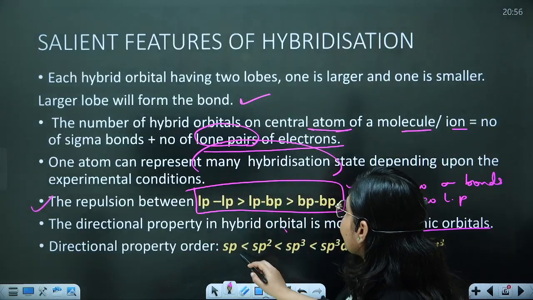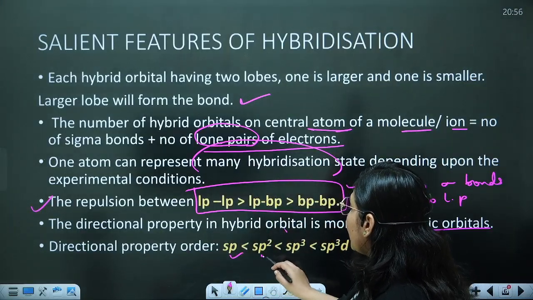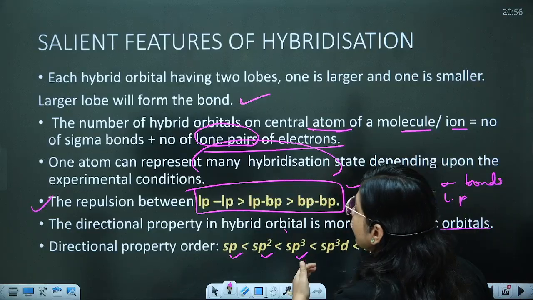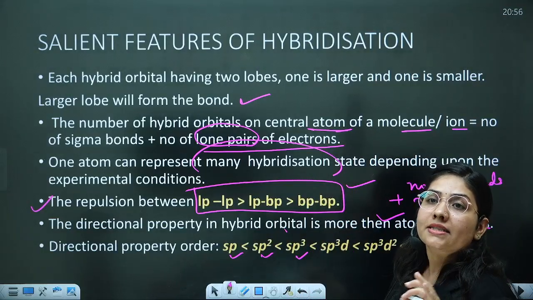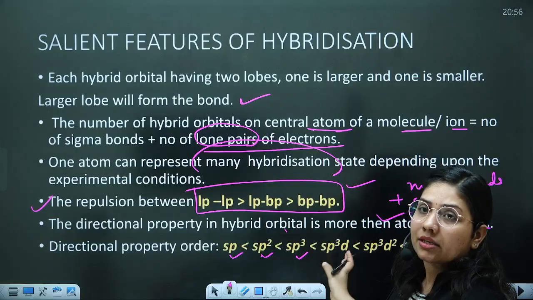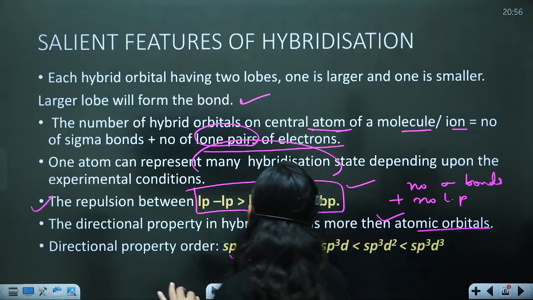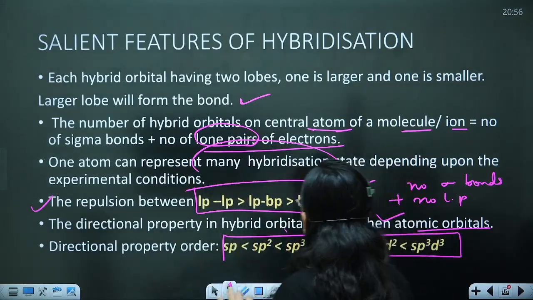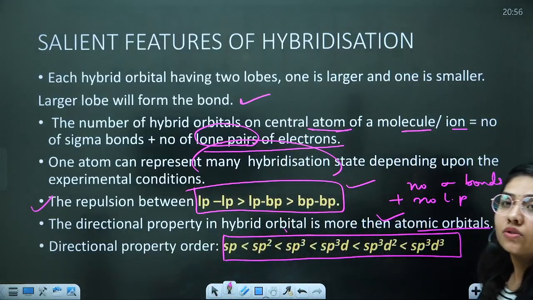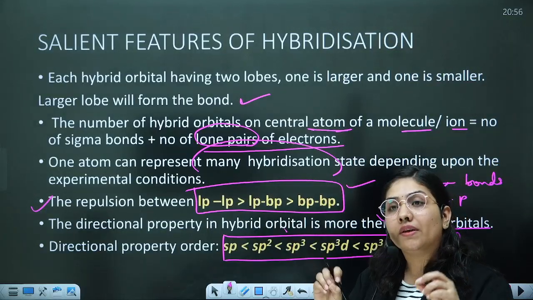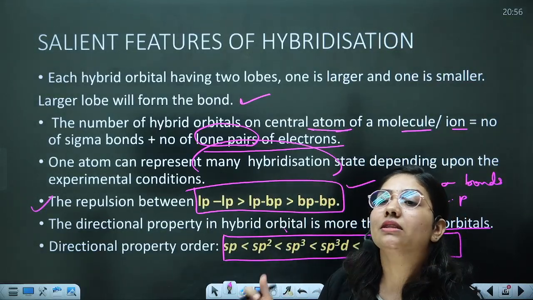See here p orbitals are increasing, and you are able to see that the less s character there is, the more directional property there is. So this is the order for the directional property. These are a few features of hybridization which we should always remember when we are dealing with this topic.